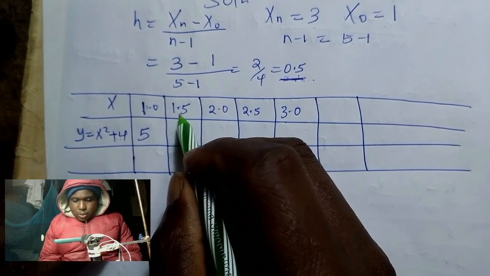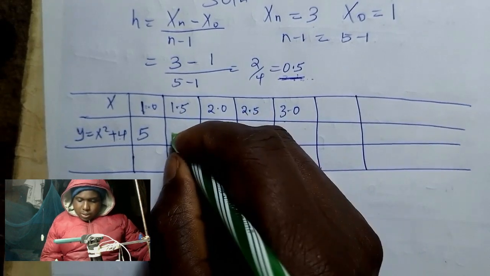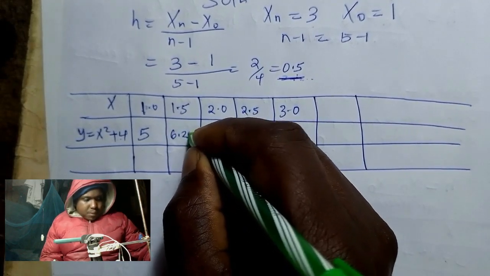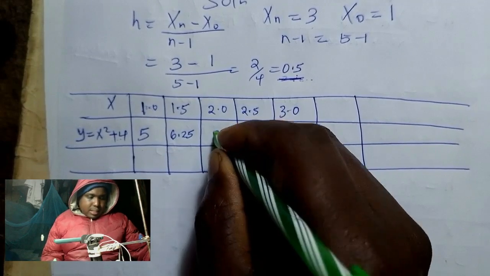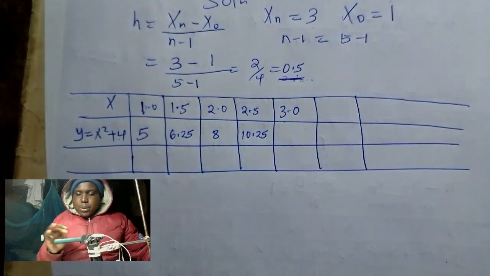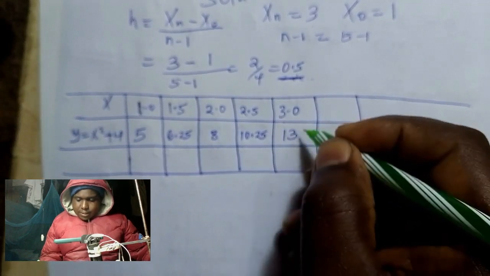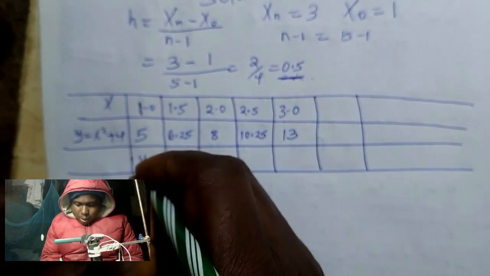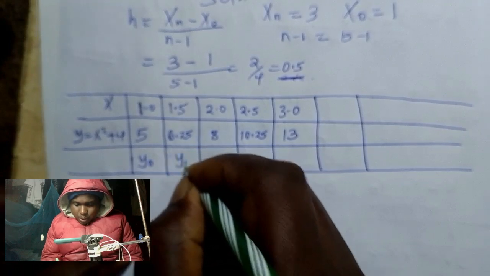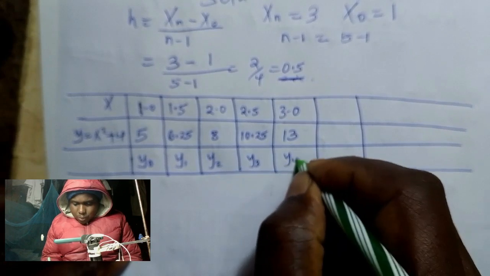And then you substitute the others: it will be 6.25, 8, 10.25, and then 3 will be 13. This will be our y0, y1, y2, y3, y4.